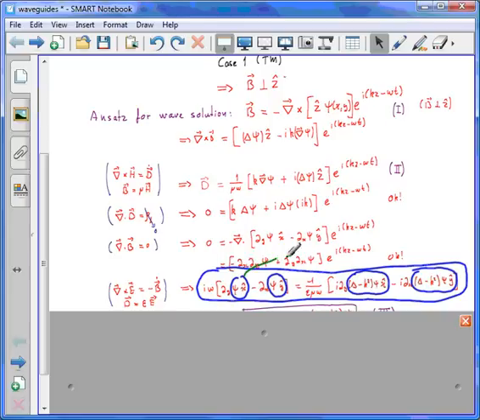So if this is equal to this term here, then this term will also be equal to this term here. So the only thing we have to ensure is that psi multiplied by these constants is equal to the Laplacian minus k squared times psi.